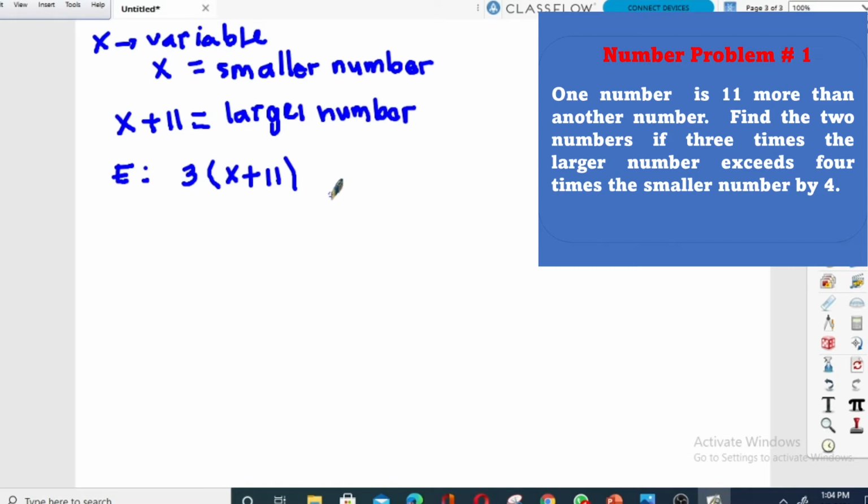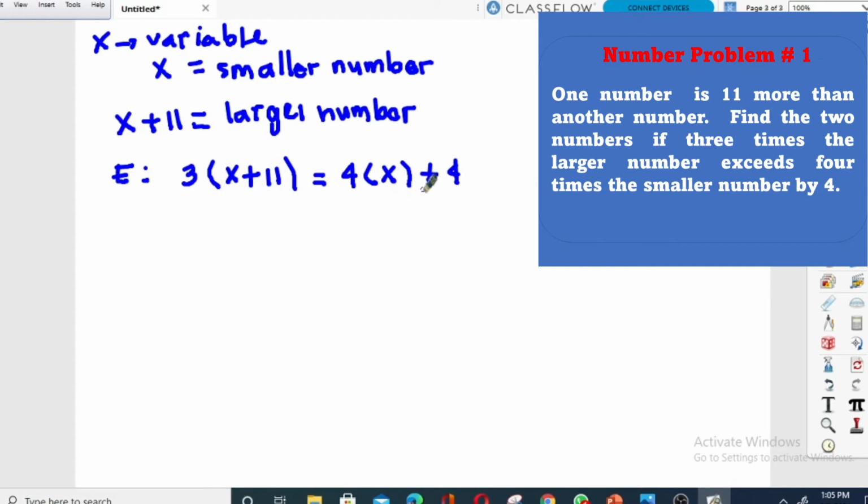Exceeds by 4, that means start the equality from the word exceeds by. So that means another condition: exceeds 4 times the smaller. 4 times, what is the smaller? Smaller is our x.